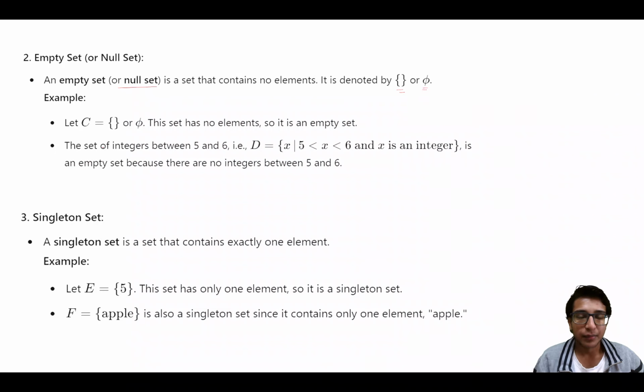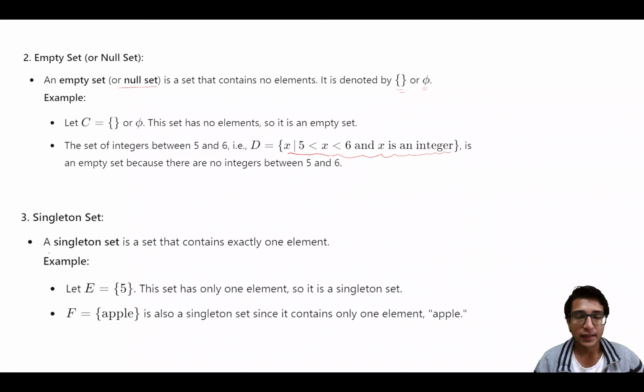You can see an example here, the set of integers between 5 and 6. Of course, between 5 and 6 there are no integers, there are only real values. So D is equal to {x : 5 < x < 6 and x is an integer}. There are going to be no elements in this set, so we call it an empty set.